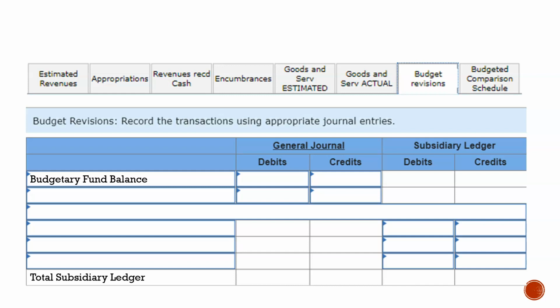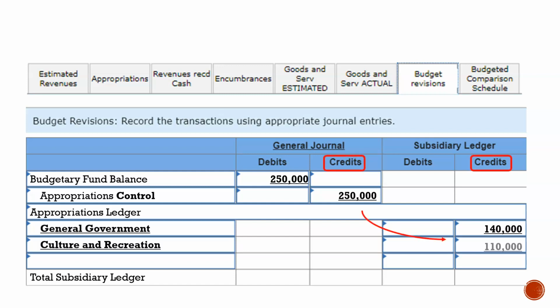So if you need to increase appropriations, you are going to decrease your budgetary fund balance, and we do that through a debit. So we know that we have to increase our appropriations by $250,000. So we're going to debit our budgetary fund balance by $250,000. We are going to credit our appropriations control for $250,000. That is increasing it. And then we will see the subledger here for those general government and culture and recreation.